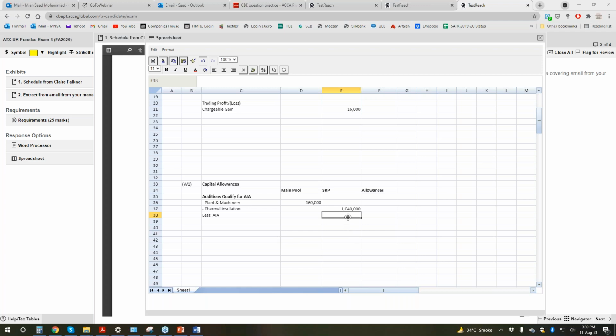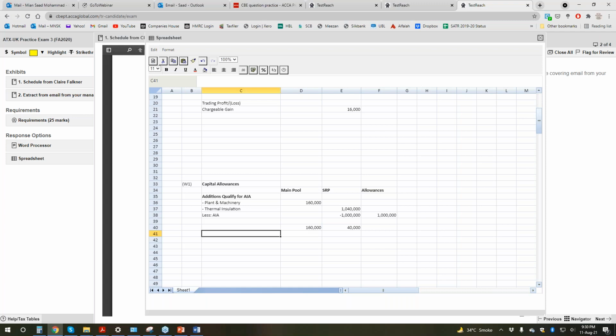So I will write less 1 million here and 1 million as a positive here in the allowances column. So what is the balance that is left? Here the complete 160 is left.